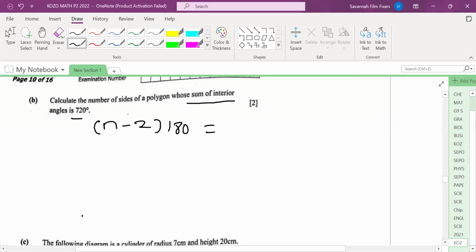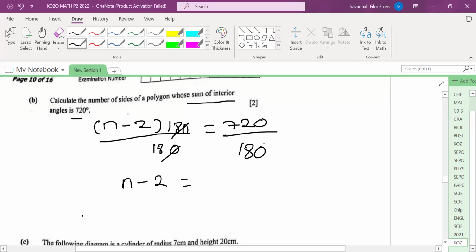But for the interior angle, it's n minus 2 multiplied by 180, put it equal to the sum, which is 720. So at least here it's multiplication. We can divide both sides by 180. We'll remain with n minus 2 is equal to 4.